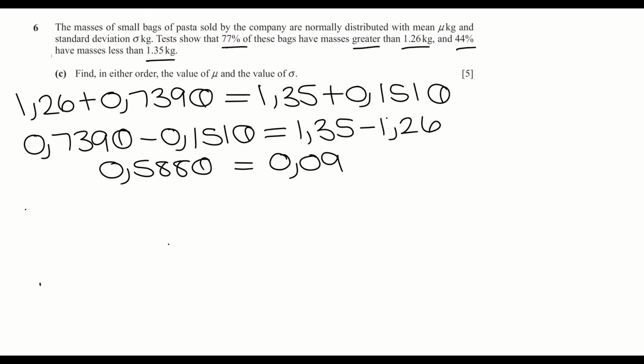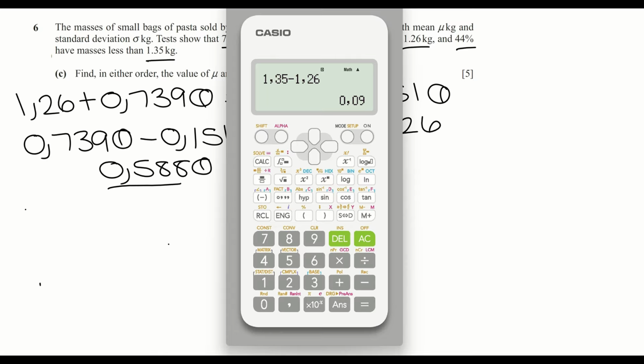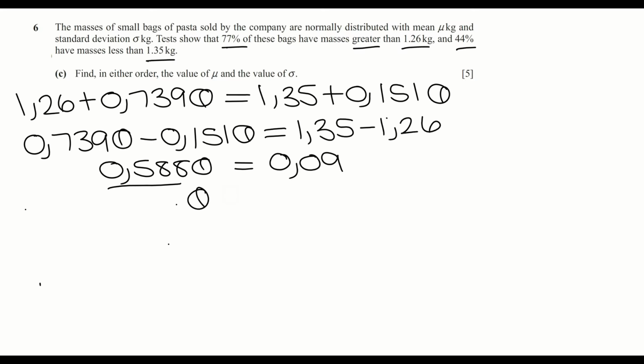To find the value of sigma, all I need to do is divide both sides by 0,588. So I can say 0,09 divided by 0,588 is equal to 0,153 and so on. Leave your answer to 3 significant figures. And I see that sigma is equal to 0,153.